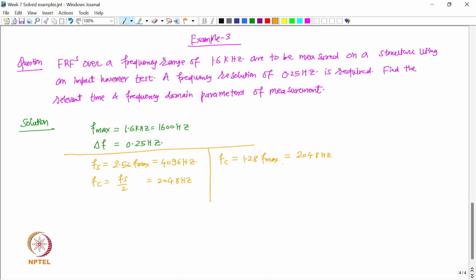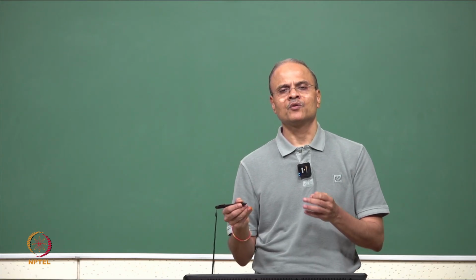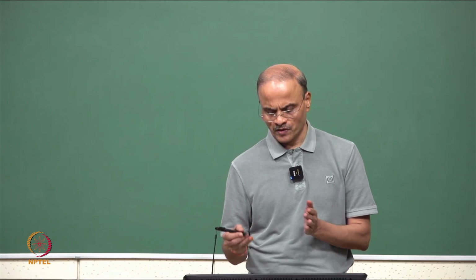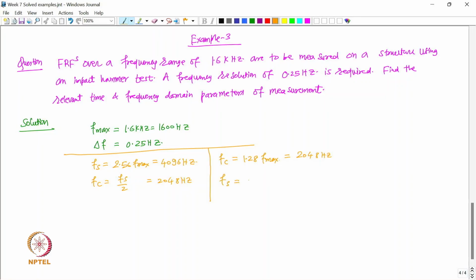Since after filtering we are left with frequency components from 0 to fc, that is 2048 hertz, in order to avoid aliasing we must choose the sampling frequency in accordance with the Nyquist sampling theorem, which says that we must take the sampling frequency at least twice the highest frequency component, which is fc in this case. So, fs will be equal to twice fc, and that gives us 4096 hertz.